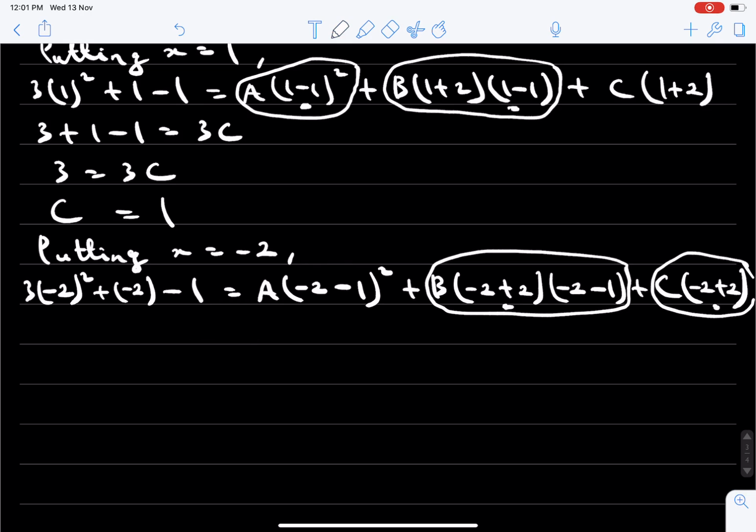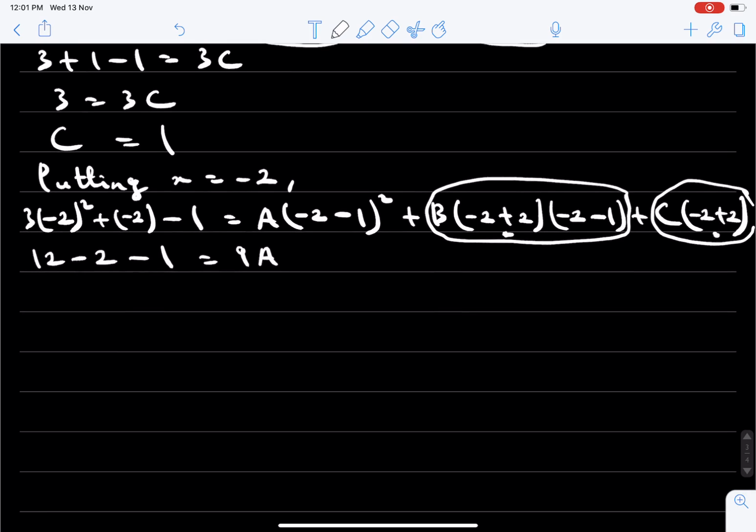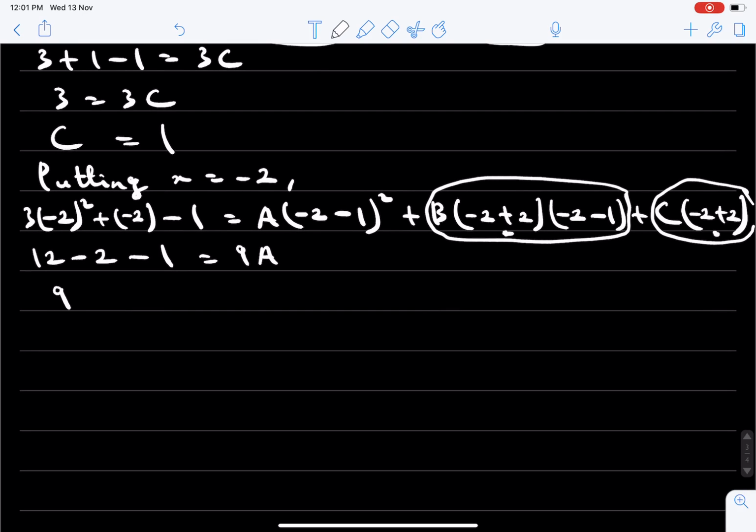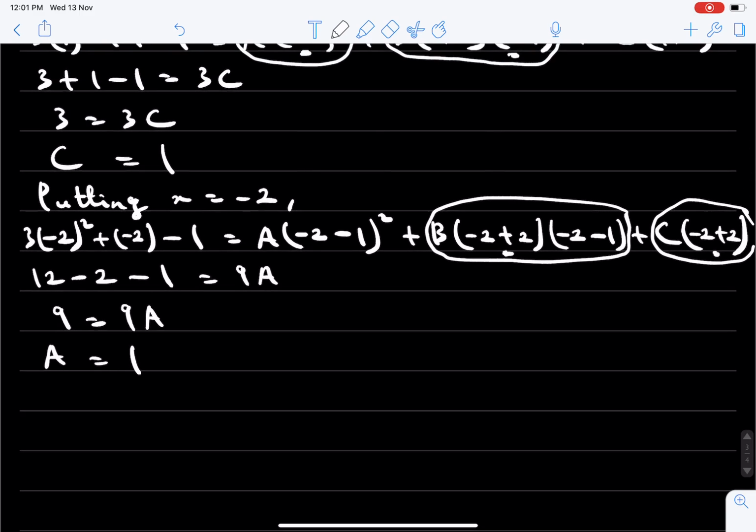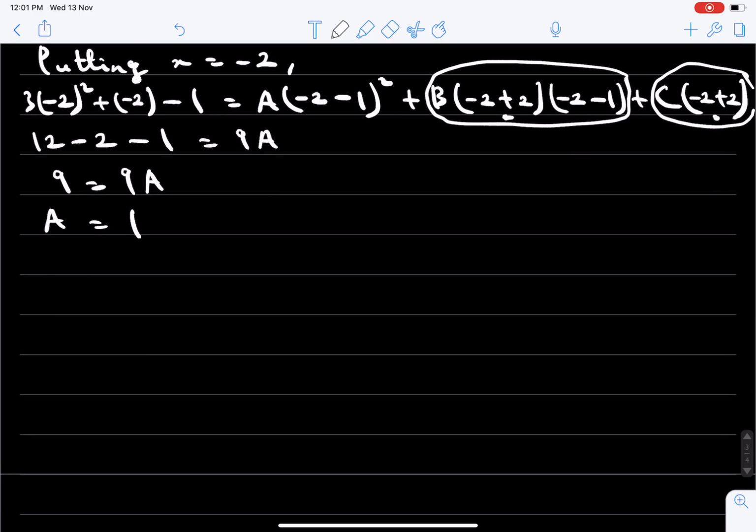So that means the left-hand side will be 12 minus 2 minus 1, and the right-hand side will be 9a. So that means 9 equals 12 minus 2 is 10, 10 minus 1 is 9. 9 equals 9a, which means a equals 1. Sorry about that error. So a is equal to 1.